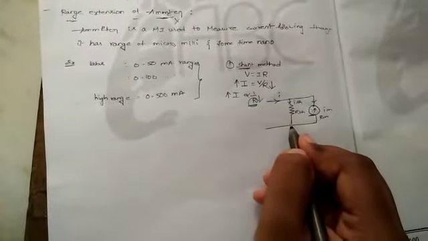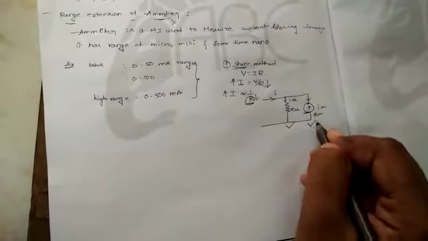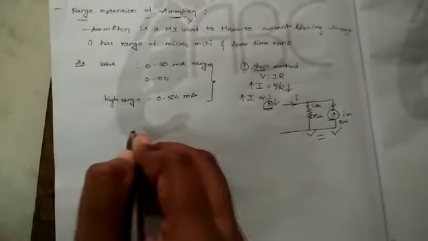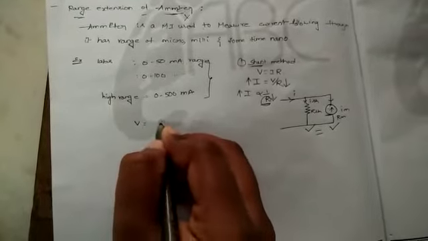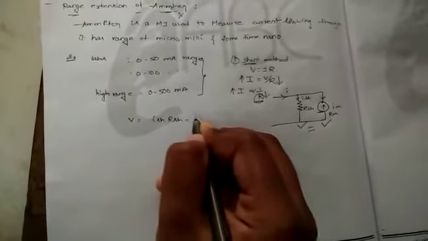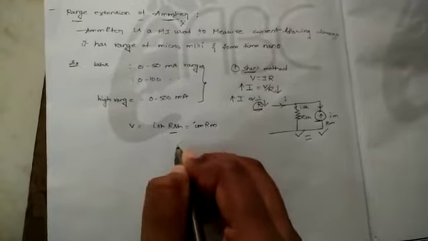Here we know that in parallel the voltage is common, so the voltage across the shunt and across the meter are the same. That's why V equals ISH into RSH, which equals the voltage across the meter, IM into RM. We have to calculate the shunt resistance here.